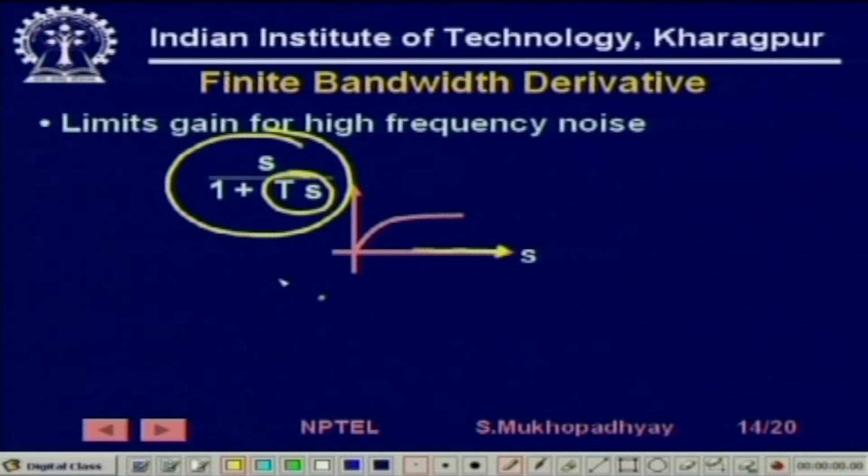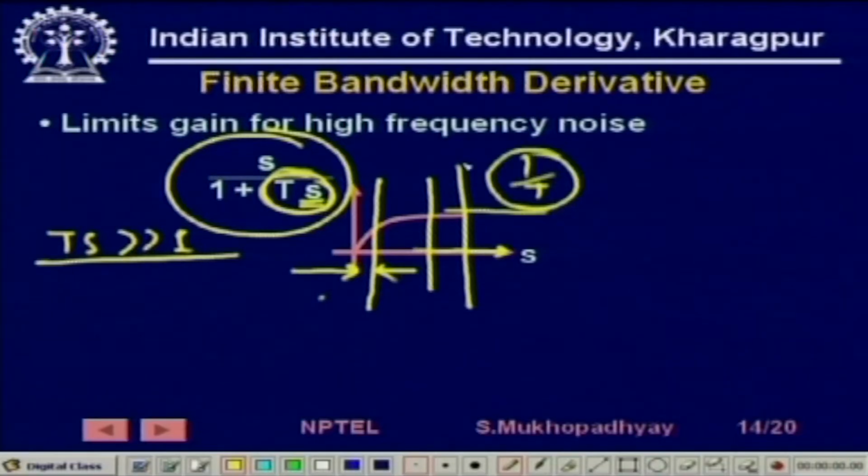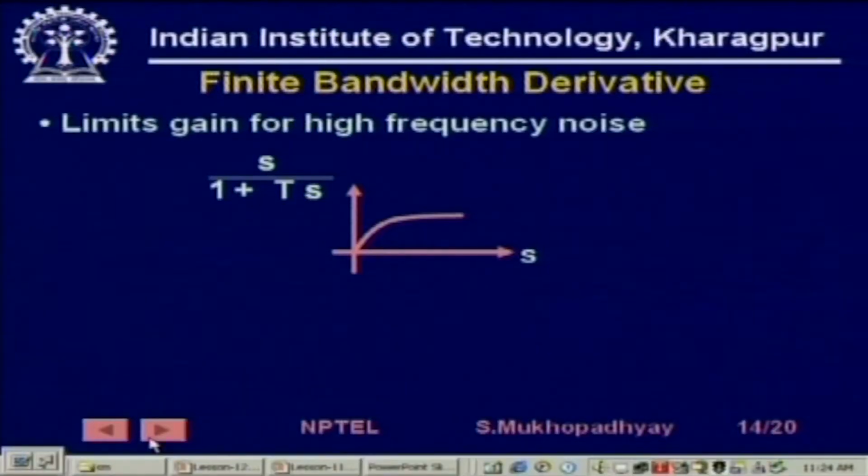So it acts like s in this part of the region, while in this part of the region where s is large, then Ts is much greater than 1, and therefore this gain becomes equal to 1 by T. So this level is 1 by T. So you see that in the lower frequency region we are having a derivative, but in the higher frequency region we are having a constant gain of 1 by T. So that is how you need to realize your derivative.